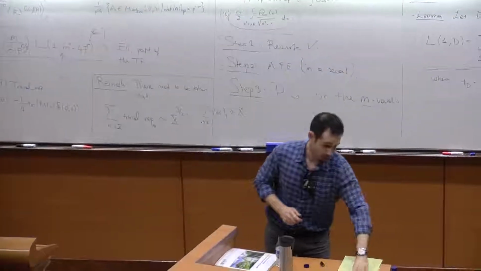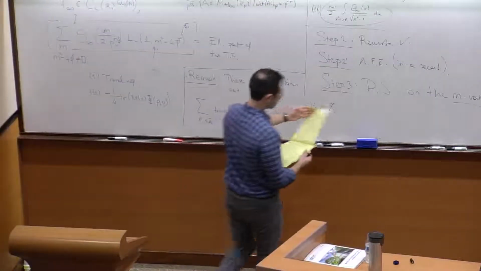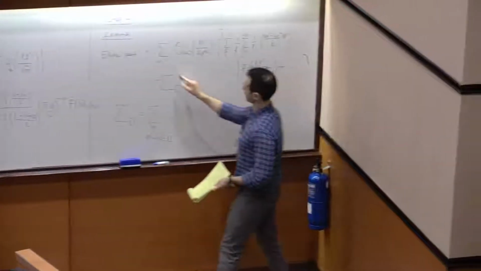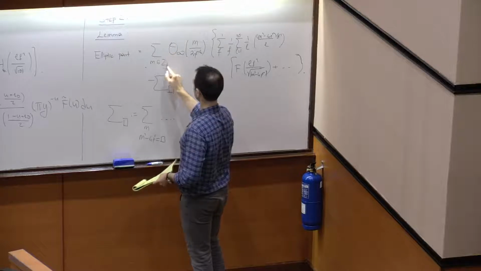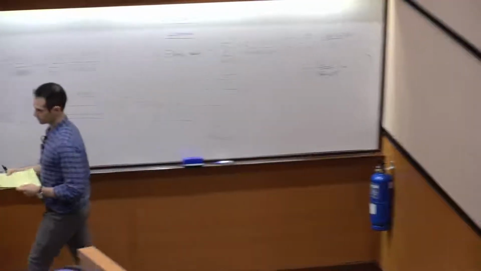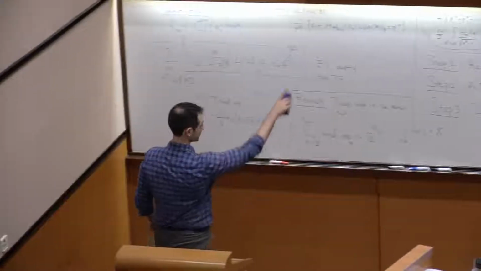But anyway, we can do this, and we do it. Good. Now this guy is over the whole m range. So m is now running over all integers. And we can just do exactly what we have done and do Poisson summation. So we keep that guy.